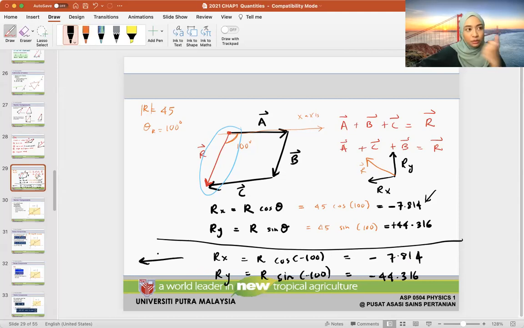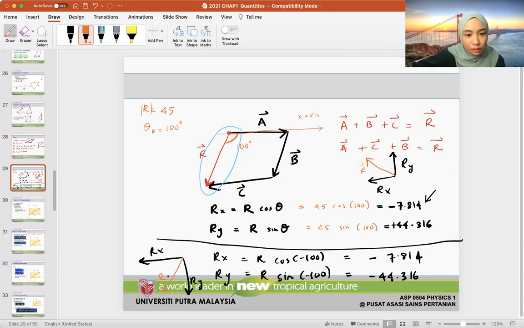Negative x component goes to the left, right? Rx. And then the y is also going downwards. So if my y value is negative, it goes down. Ry. So my vector R must be sandwiched in between these vectors.